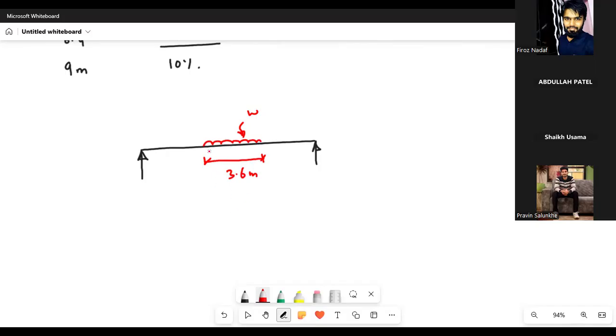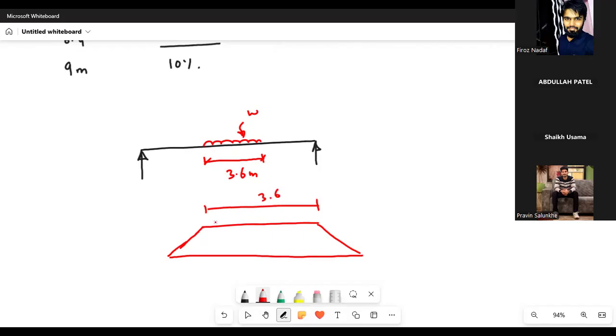So we need to find the dispersion along the length. You see this load, and it will disperse at a 45-degree angle. Below this you have the wearing coat, and you also have the depth of the slab. The 3.6 meter will disperse in this direction.